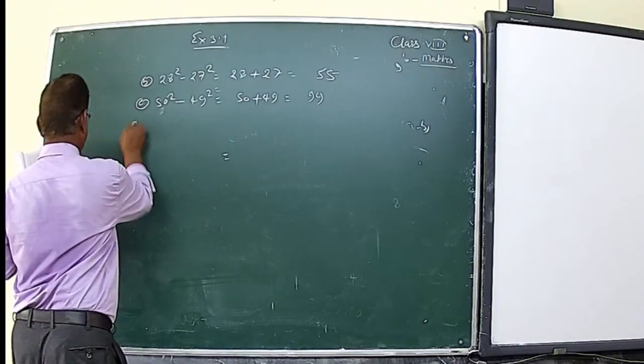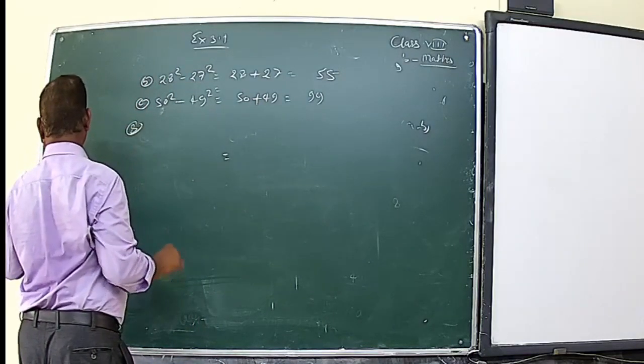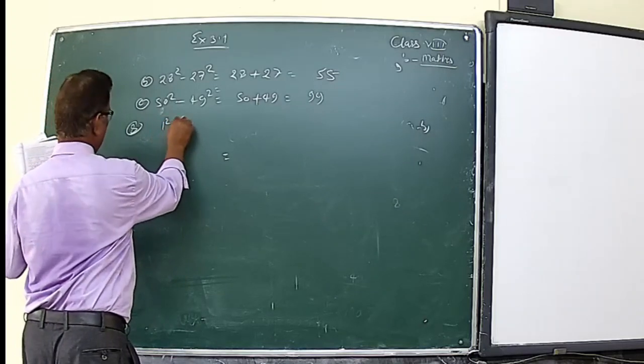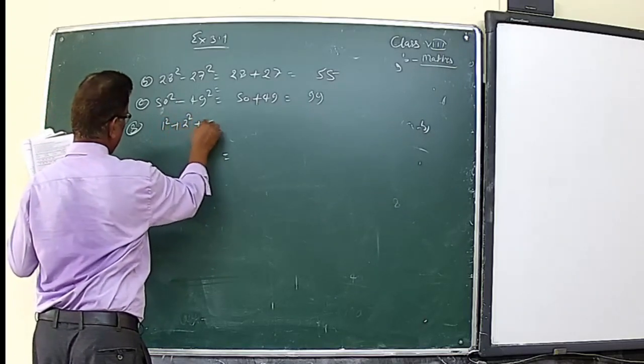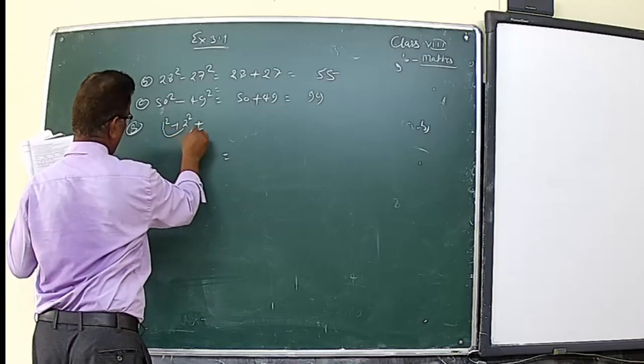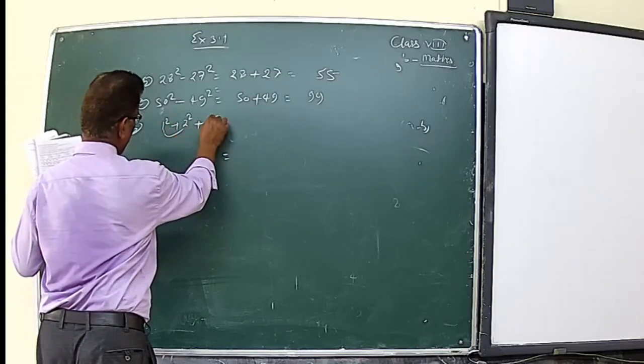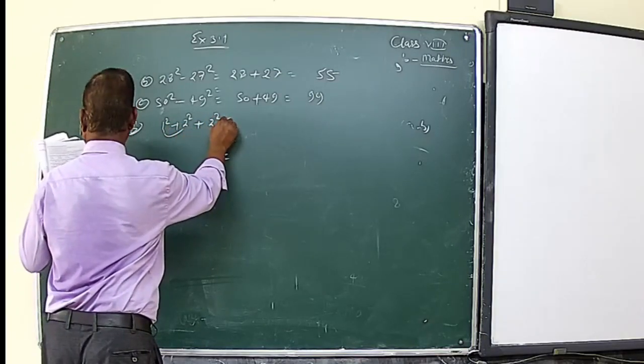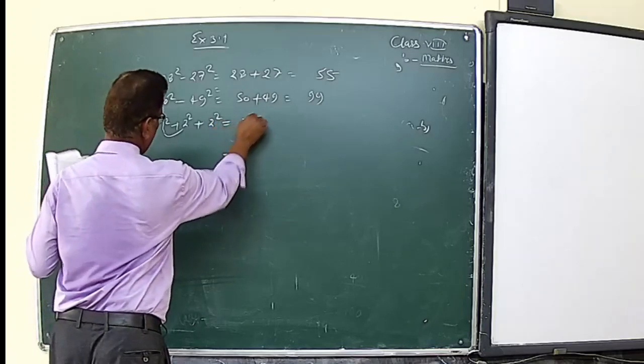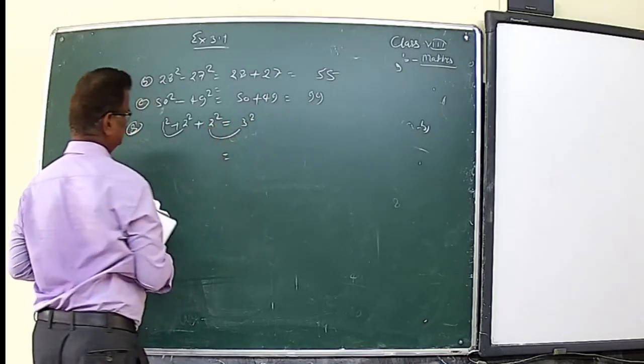Question 8. Observe the following pattern. What is the pattern? 1 squared plus 2 squared plus the product of these, 1 into 2 is 2, squared, is equal to 3 squared, which is 1 more than this number.